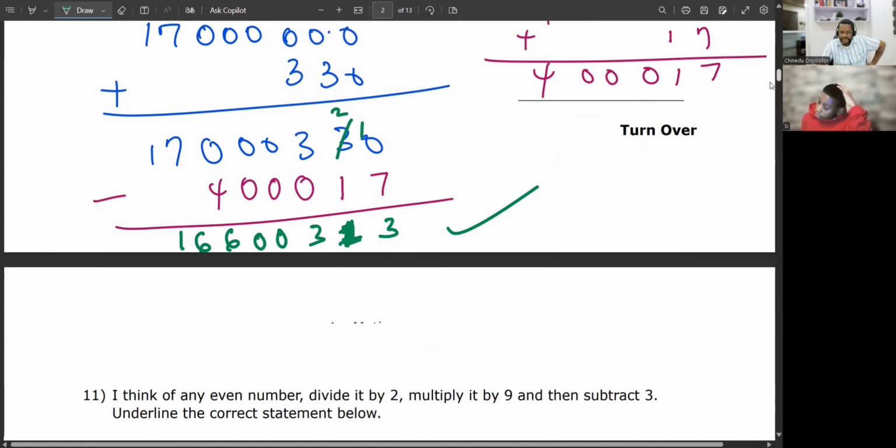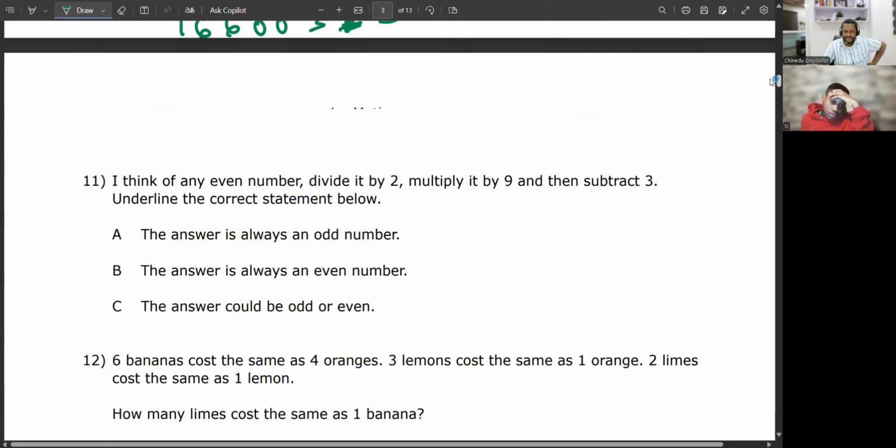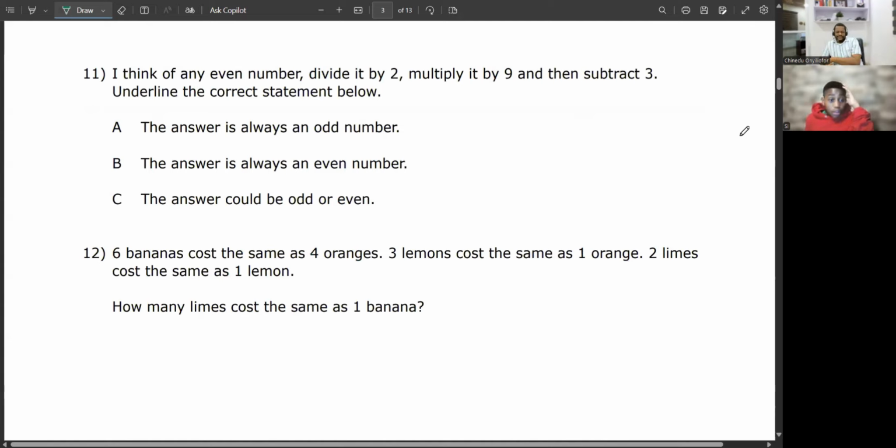We go to the next question. Number 11. I think of any even number divided by 2, multiply it by 9, and then subtract 3. Underline the correct statement below.